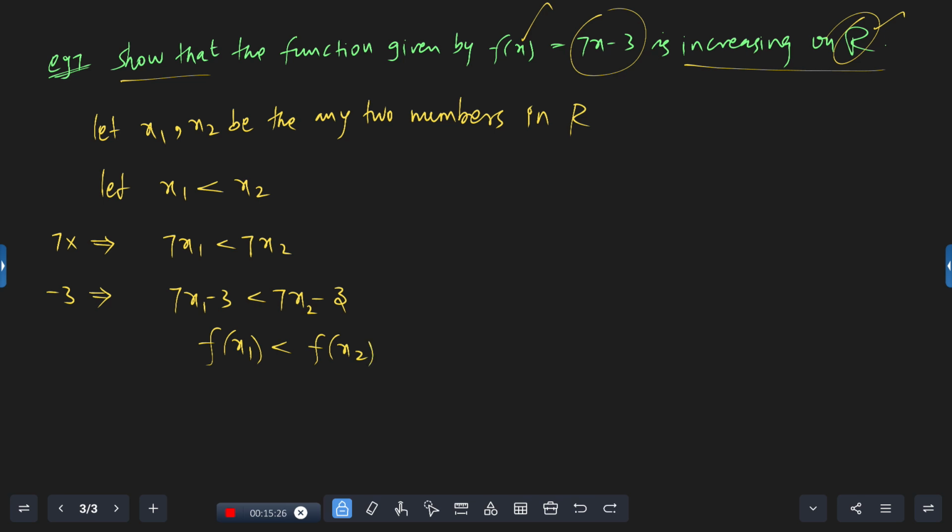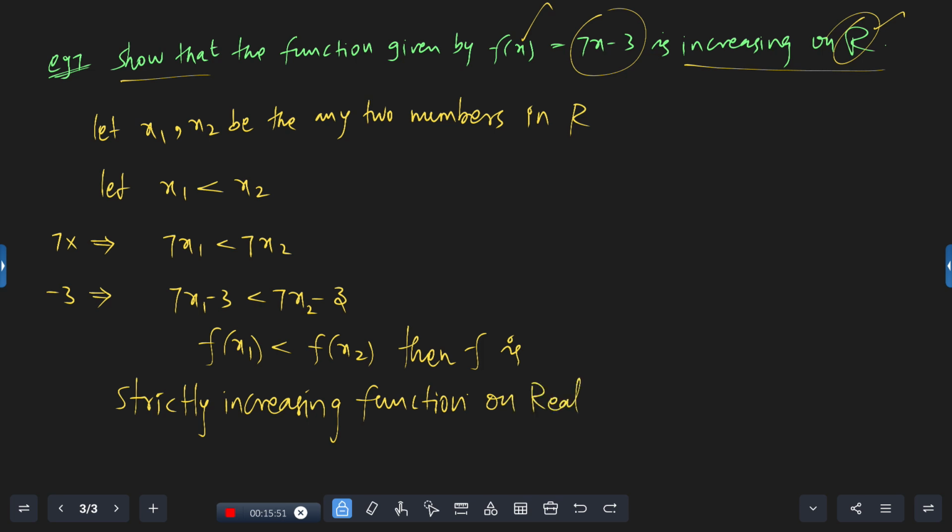Now you can write that it is an increasing function. So f is a strictly increasing function on the real numbers R. That's it.